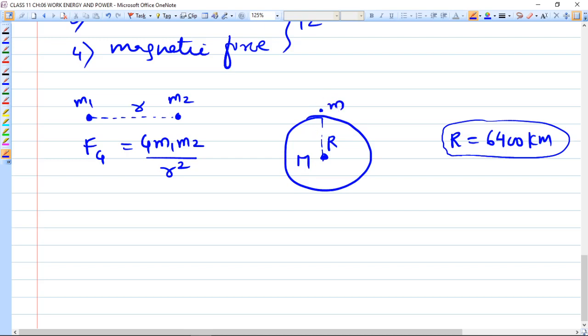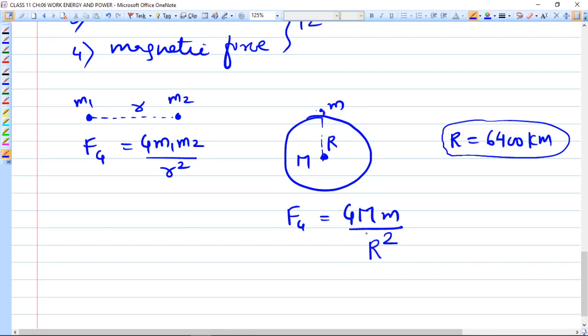So what is the gravitational force between ourselves and the Earth? It is G times Earth's mass times our mass, divided by the distance between our center and the Earth's center. We are neglecting this small height, so it is nearly equal to the radius of the Earth: GMm upon R square.